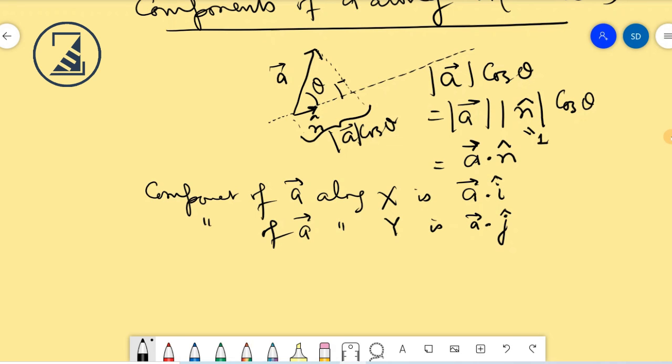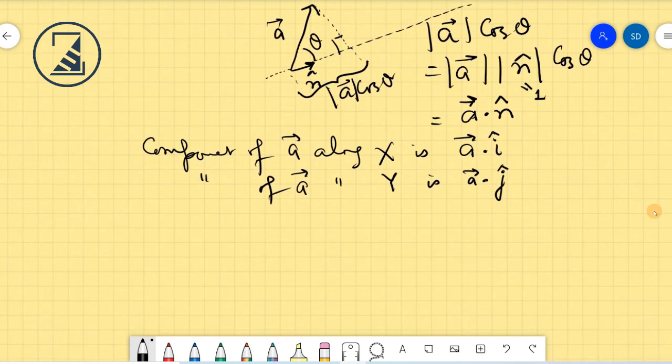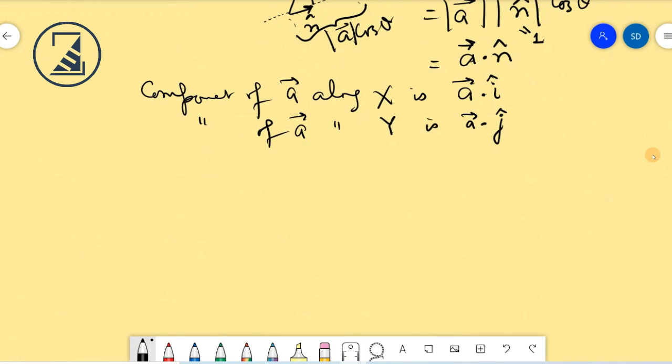One particular example of that, let's take that example. Let's say we have a pendulum which is swinging along this circle.